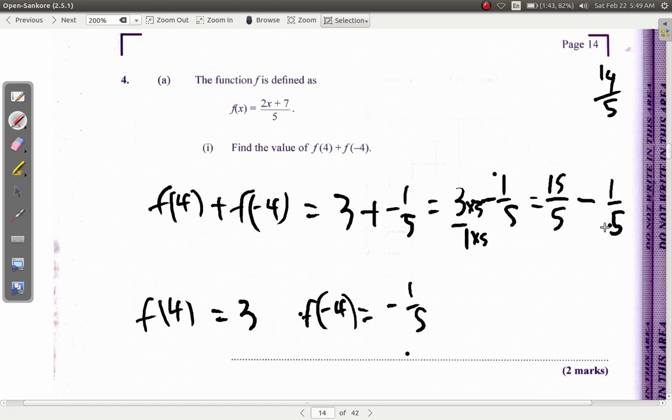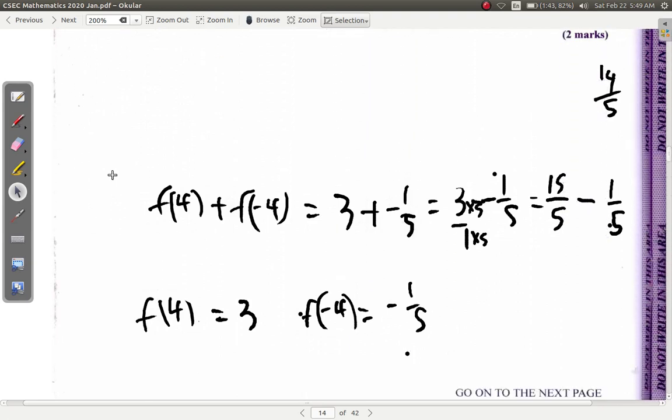Even though this is not really a fractions question, it's good to know how to work these fractions. So 15/5 minus 1/5. 15 of anything minus 1 of that thing leaves 14 of it. So we have only 14/5 left, which is what we have up here, 14 over 5. All right.